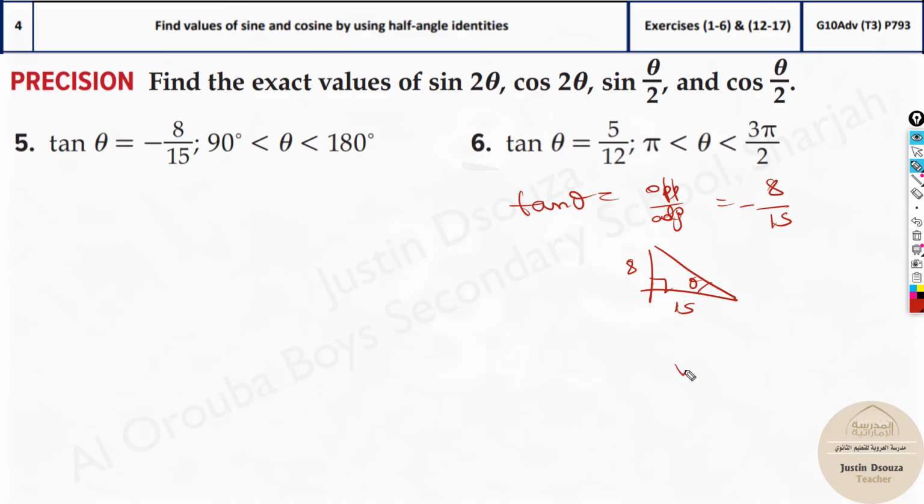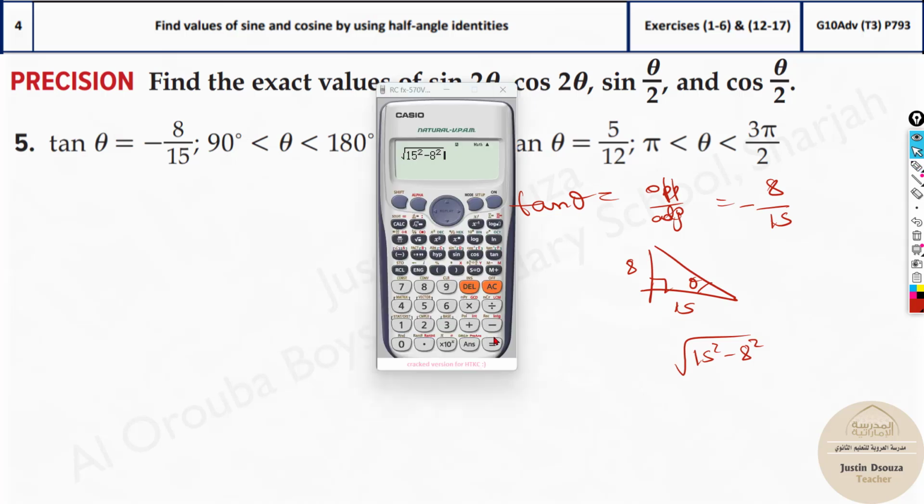What is the hypotenuse? You can easily find it by the square root of 15 square minus 8 square. So when you solve this up in the calculator, you get the answer for the hypotenuse. Here I've just typed it out, and the answer over here is root of 161. Now that's the hypotenuse. It's square root 161.